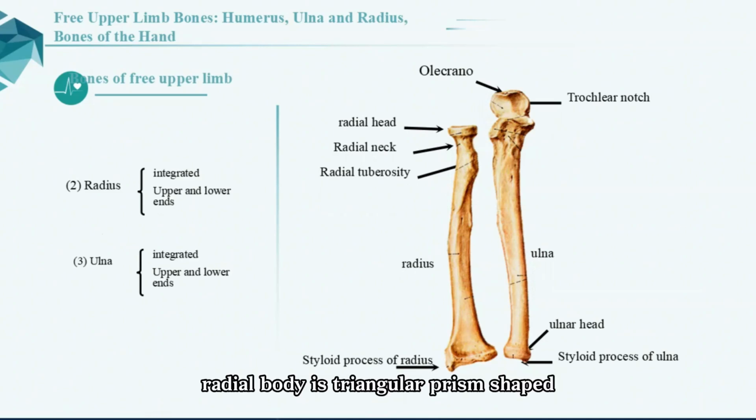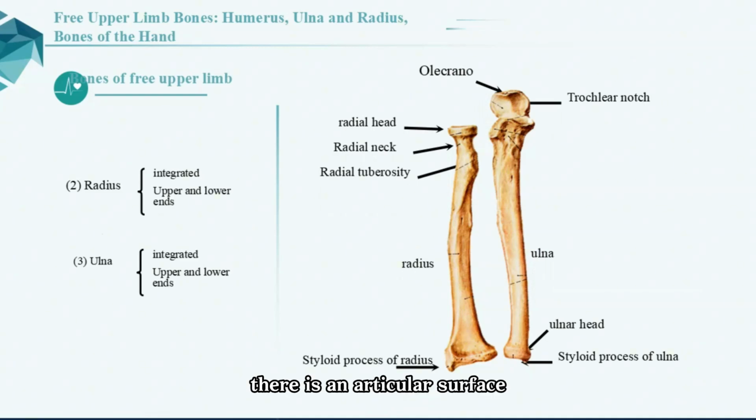The radial body is triangular prism-shaped, and its medial margin is a thin and sharp interosseous margin. The lower end is concave anteriorly, and the downward protrusion on the lateral side is called the styloid process of radius.